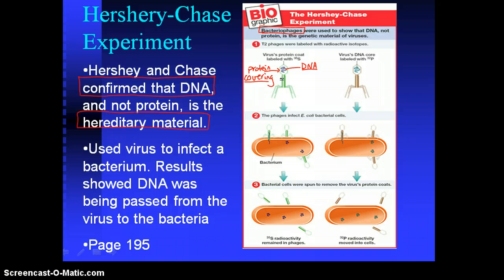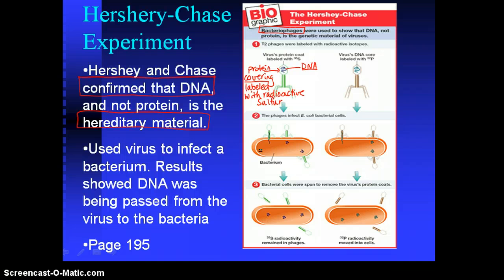One was that they took the protein covering and labeled it with radioactive sulfur. They then allowed it to infect a bacterial cell. And so you can see there, to infect this bacterial cell.